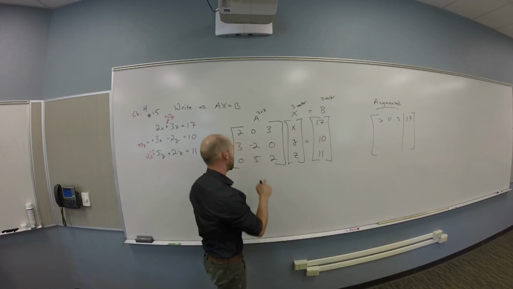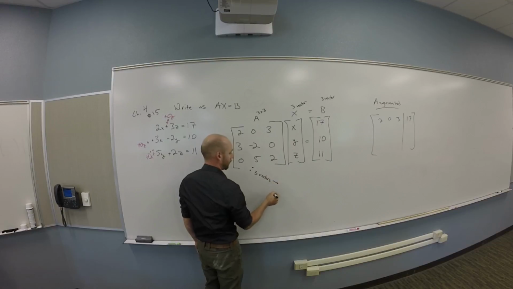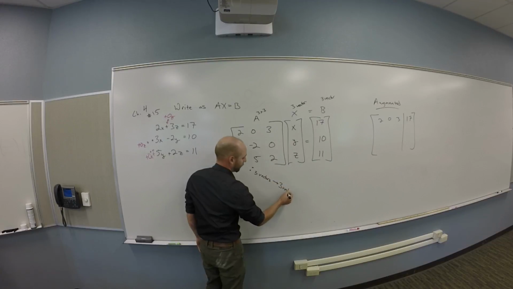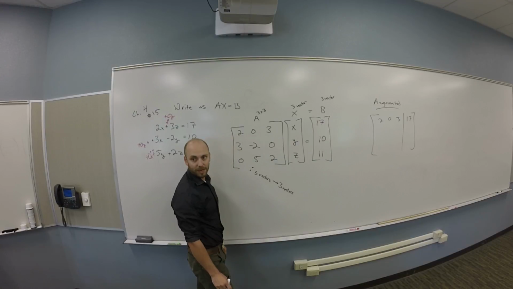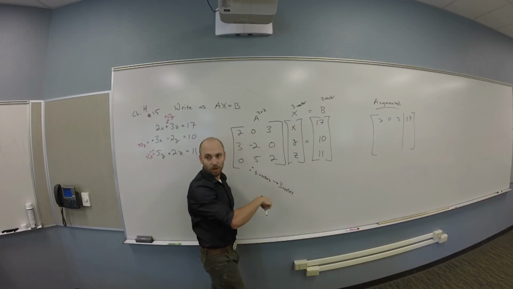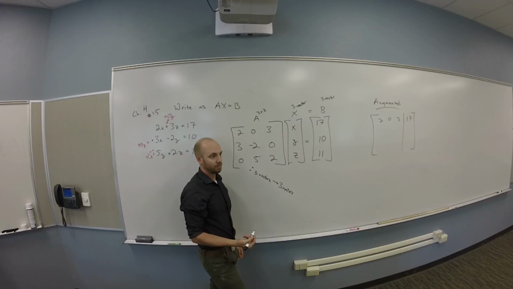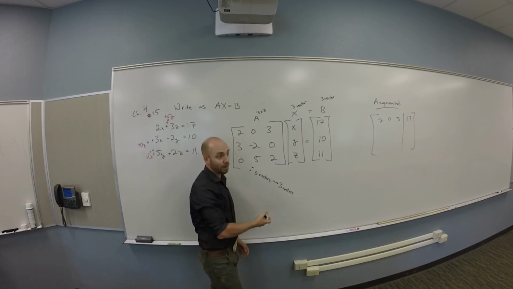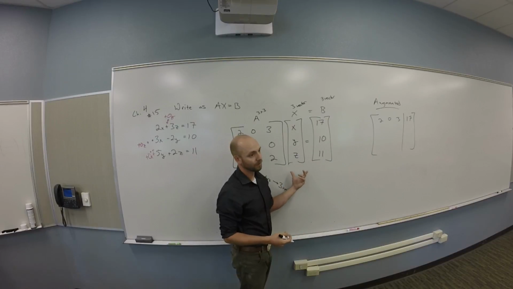So this matrix A is a function from 3 vectors to 3 vectors. Here, I know what the output is, but I don't know what the input is. So I might try to solve this system. That would be the natural setup here. It's like, hey, what are x, y, and z if you get this?